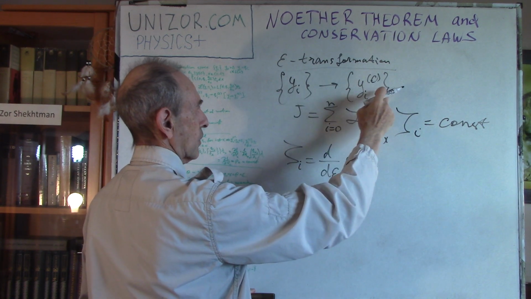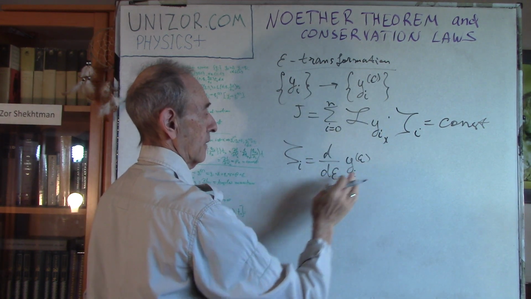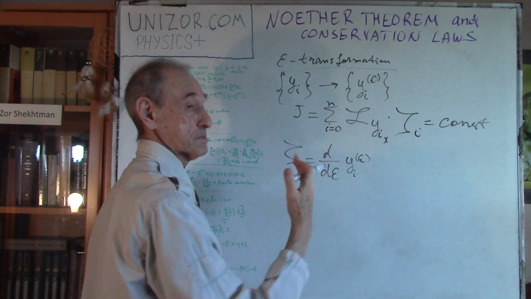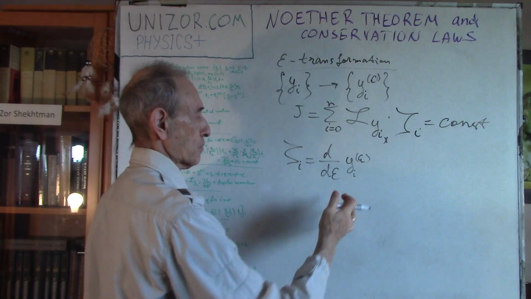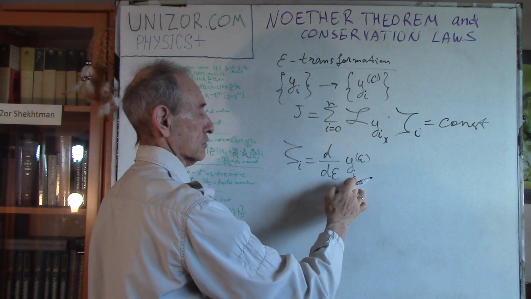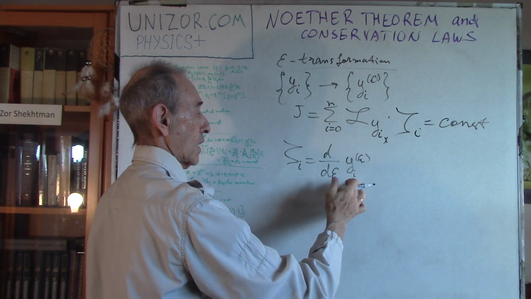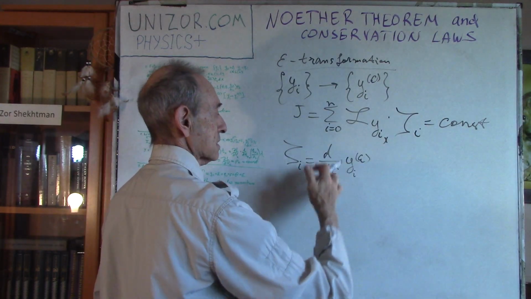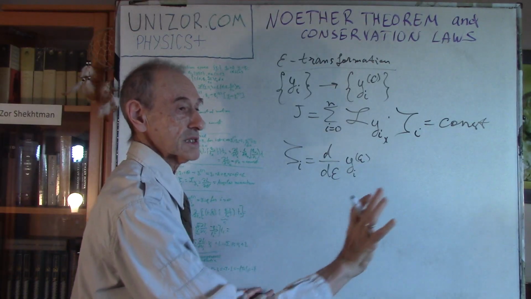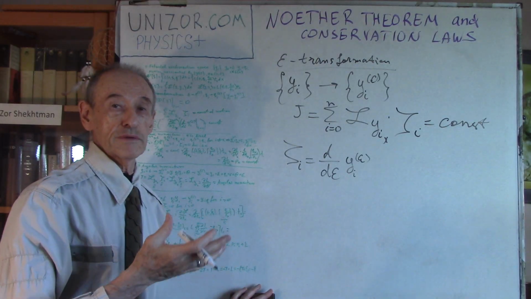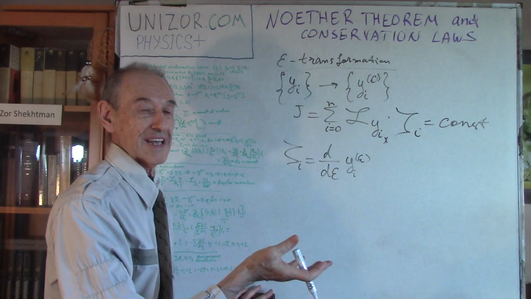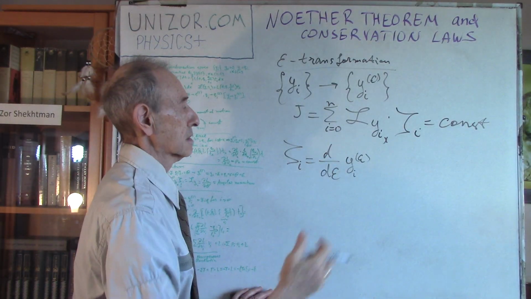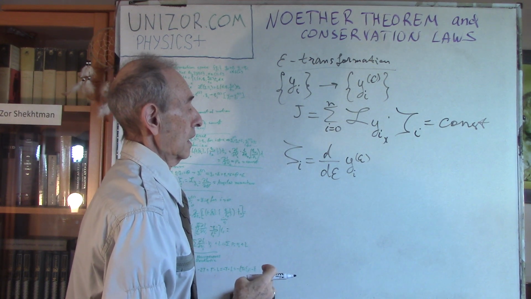So this is where my y_i is converted as a function of epsilon. This is basically the speed of change of the corresponding coordinate. If i is equal to 0, that's the time. If i is from 1 to n, that's the coordinate. And this is the speed of change if we apply this transformation, which means if there is a motion by an infinitesimal distance, but again, distance in extended coordinates.